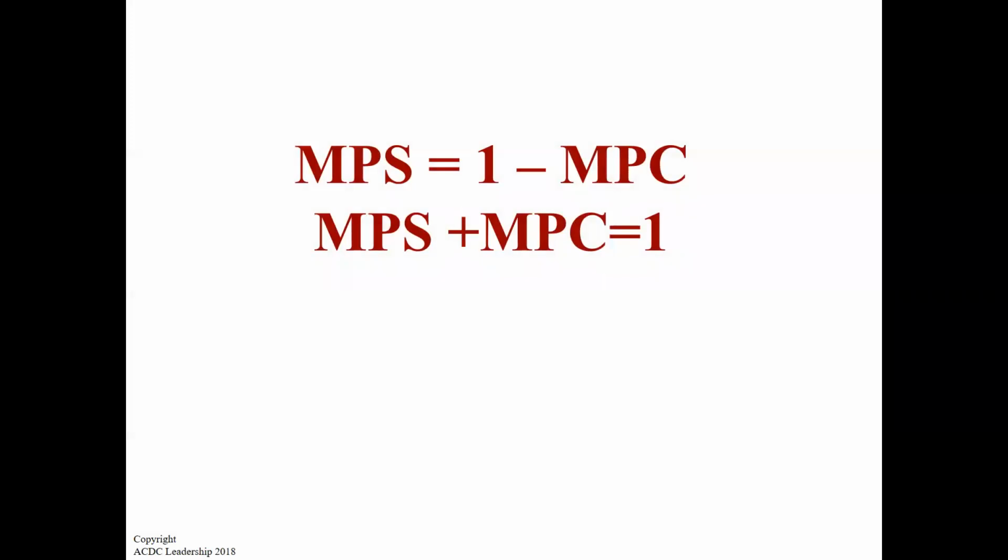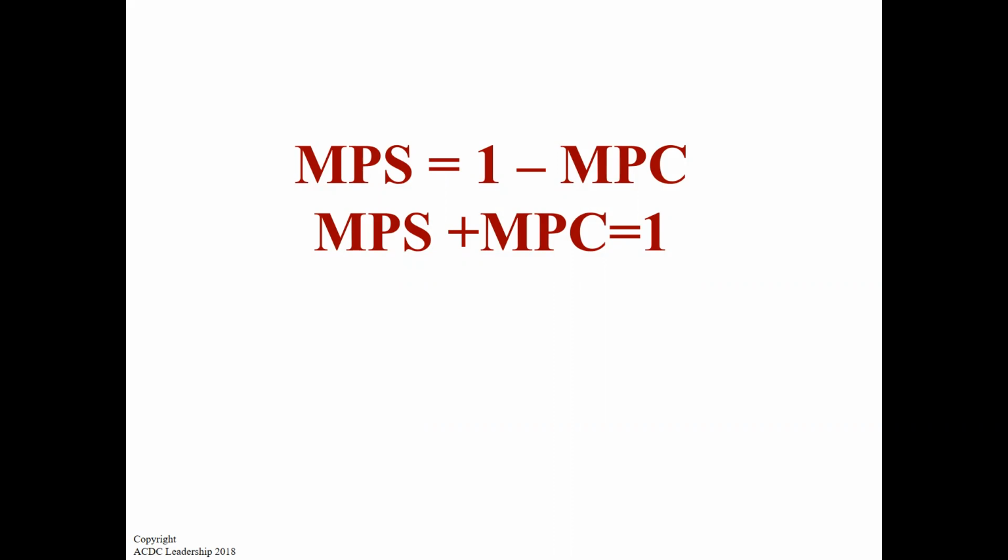All right, so because you can either consume or save, your marginal propensity to save plus your marginal propensity to consume equals 1. And Hayden did that for us, right? The marginal propensity to consume is 0.7, which was 70 out of 100. And he then said the marginal propensity to save is 0.3.